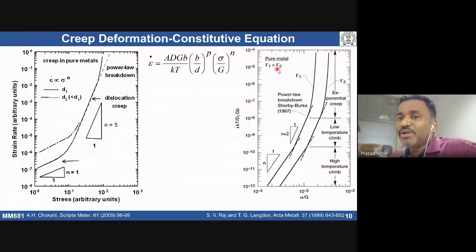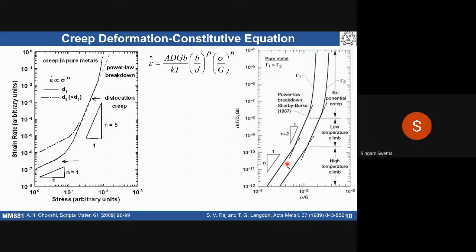If you take aluminum and copper, aluminum has higher stacking fault energy than copper. Am I right? At a given stress, which is experiencing more strain? The homologous temperature is fixed, T by Tm is around 0.5 or 0.6. At a given stress, temperature and time, between aluminum and copper, which material is going to experience more strain? Low stacking fault or high stacking fault material?